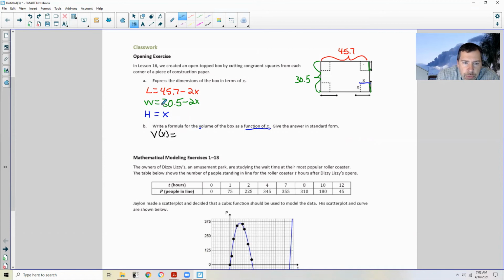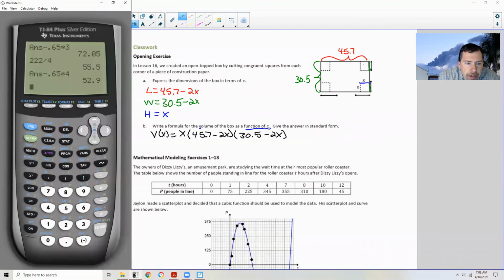So here's the length, here's the width, here's the height. So we're going to multiply all those. Let's just put the x first, and then 45.7 minus 2x times 30.5 minus 2x. Okay, so there is our volume equation with length times width times height substituted in.